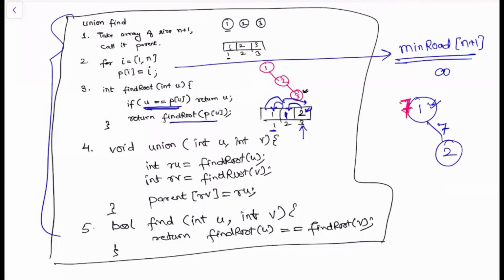Later on, let's say 2 gets connected to 3 and the edge weight of that is 5. What will we do? We will find the root of 3 as 1, the root of 2 as 1. This weight is 5. We will go and update the minimum now to 5. So at root level, in the union function, we just have to add one more parameter and we need to keep updating this array also. Yeah, is this idea making sense?